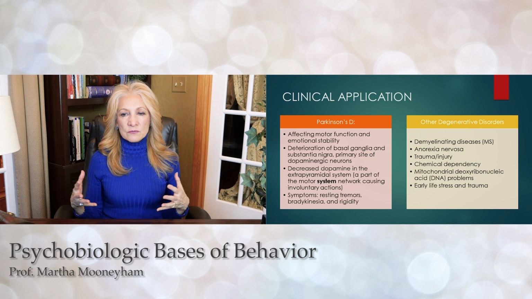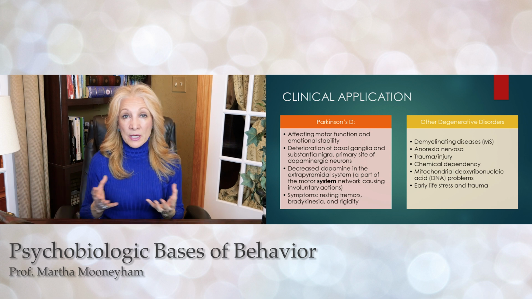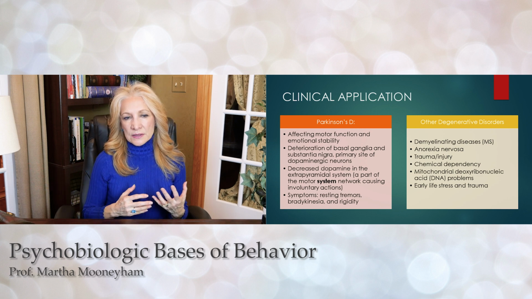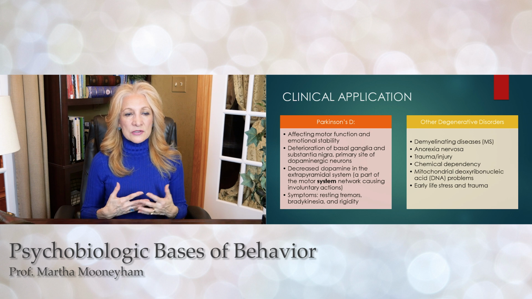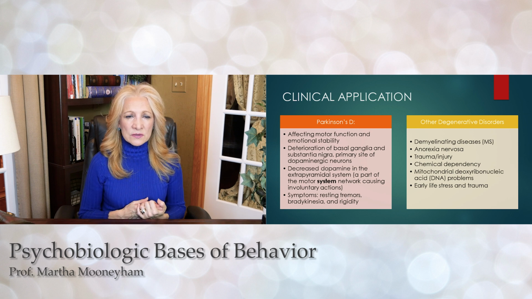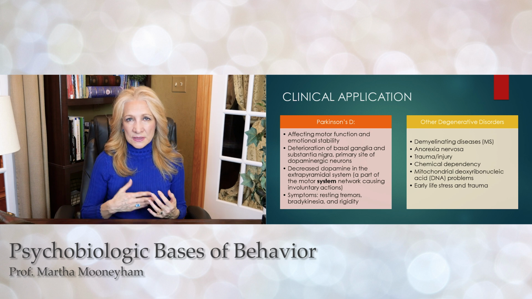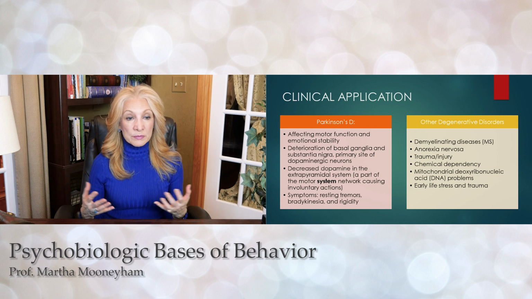And then more examples on why it's important for us to understand everything we just talked about. In Parkinson's disease, I already touched on this too. This is a disease that affects motor function and emotional stability. There is a deterioration of the basal ganglia and substantia nigra, primary site of dopaminergic neurons, which, as I said, have everything to do with the production of dopamine.